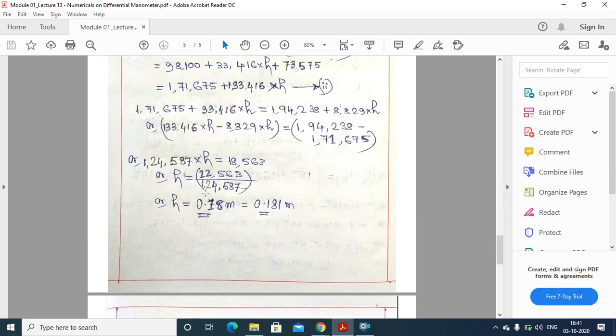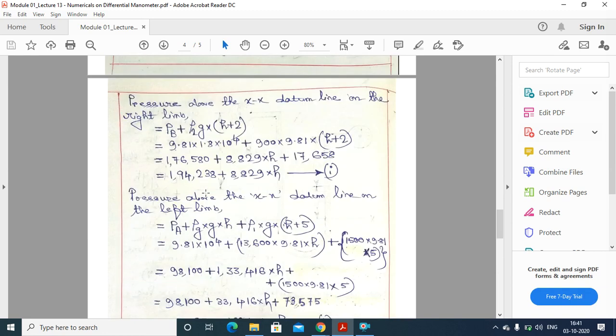First of all, the pressure above the XX datum line on the right limb. It is PB plus rho 2 G into (h plus 2).